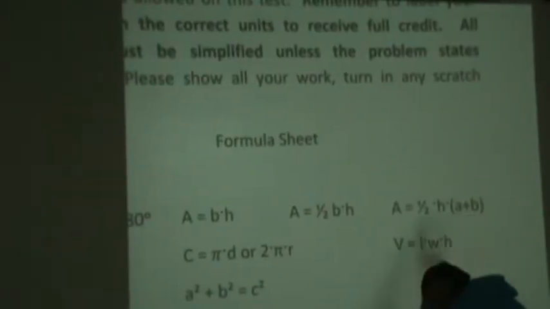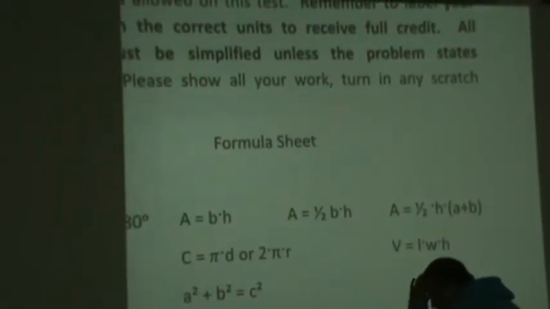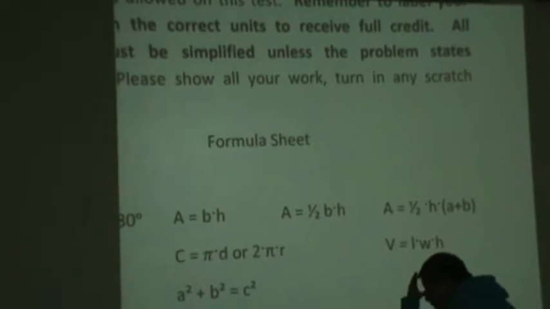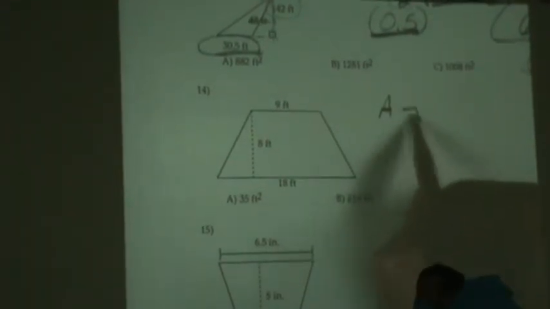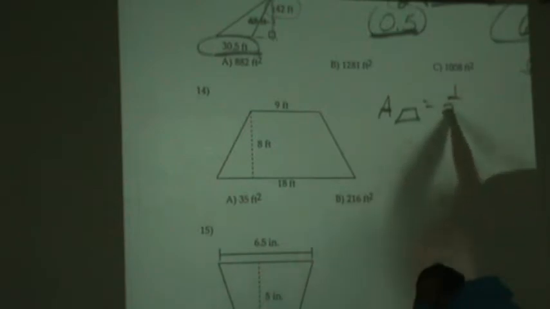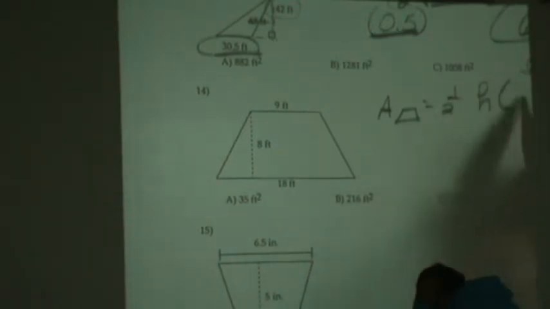Now we have something new, trapezoid. And that will be this one right here. Okay, area of a trapezoid is 1/2 times the height, and then add a plus b. Somebody want to do this? No?